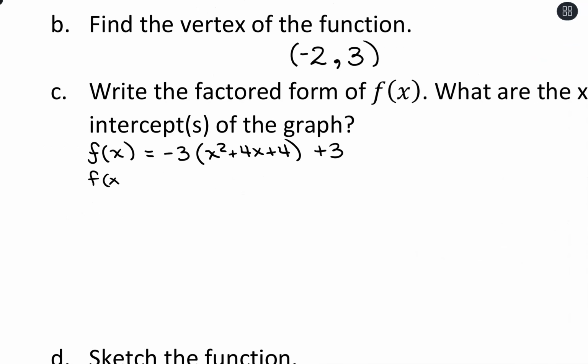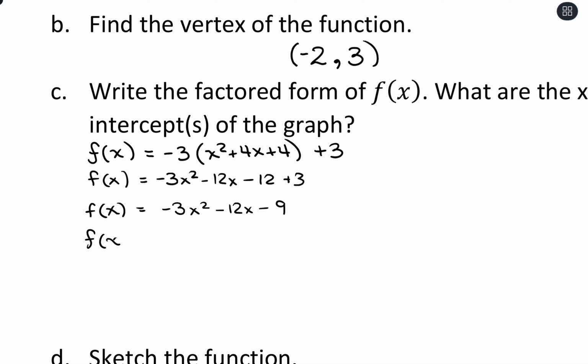And then we'll go ahead and simplify. So distribute the -3 in. Add that 3 at the end. And factor out a -3 out of everything, and that should be x squared plus 4x plus 3.